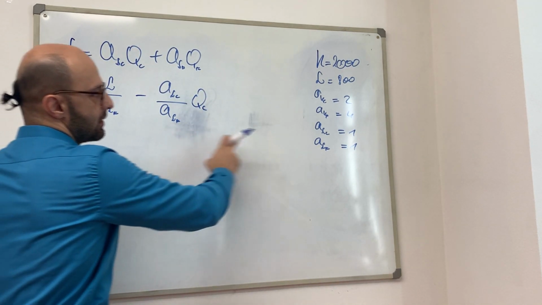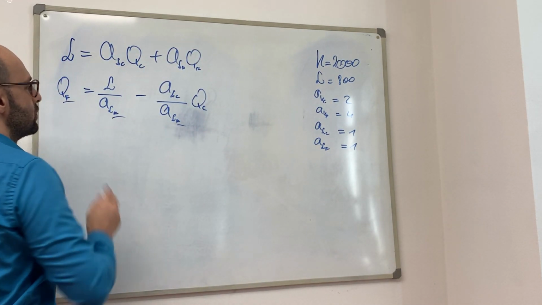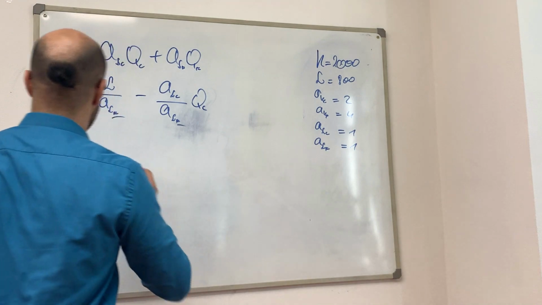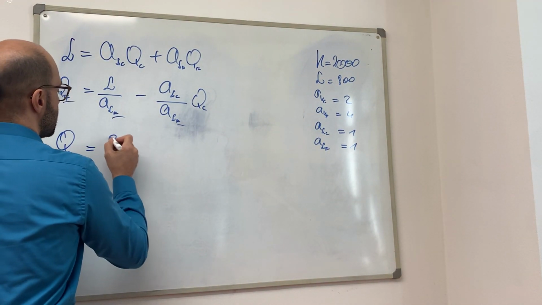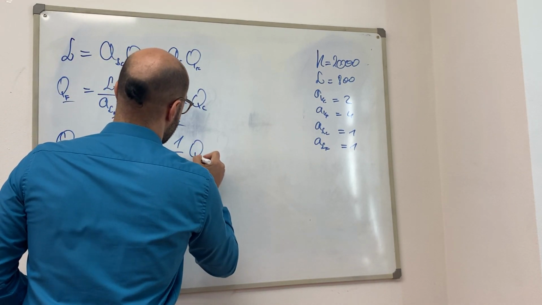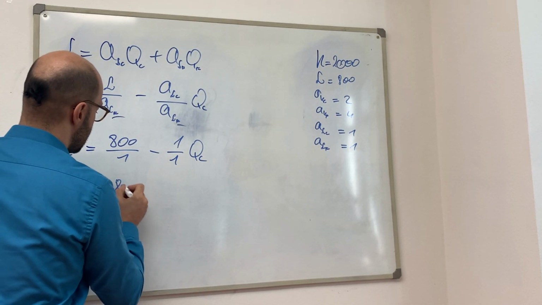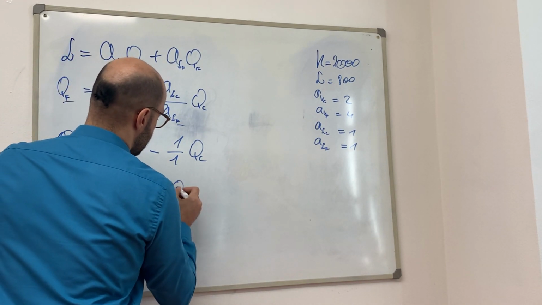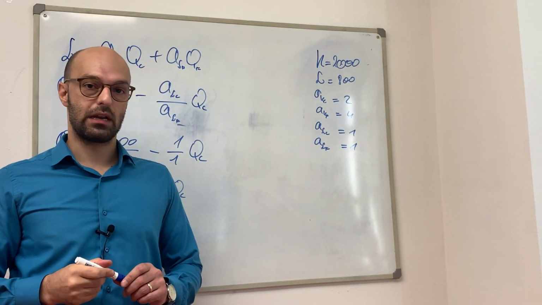So now, again, just plug in these values and remember to memorize this equation. So now we have QF equals 800 over 1 minus 1 over 1 QC. Then you have QF equals 800 minus 1 QC. And this is already your labor constraint.